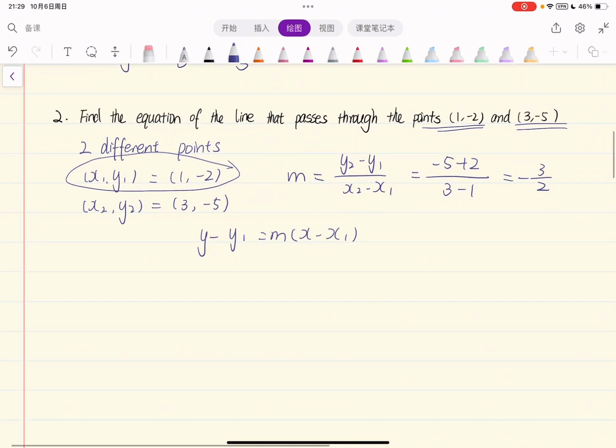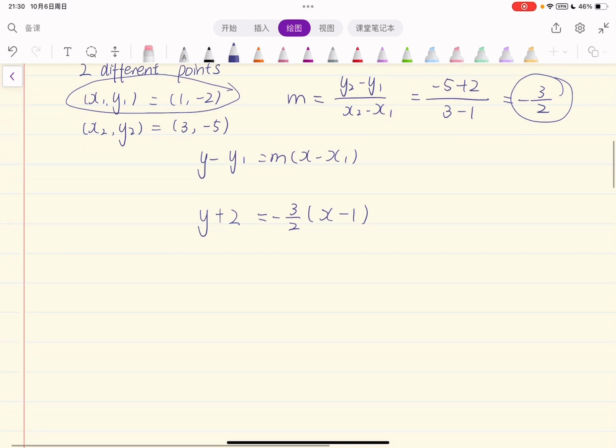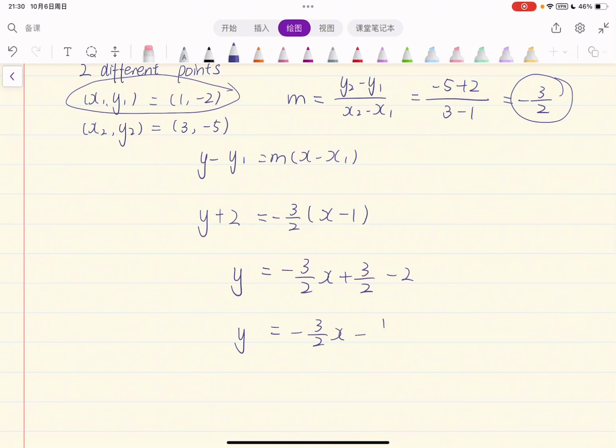For example, we can write y minus -2, that is +2, equals, we have the gradient over here, so that is -3/2 times x minus 1. And then we rearrange that. What we have is y equals -3/2x plus 3/2 minus 2. So y equals -3/2x minus 1/2.